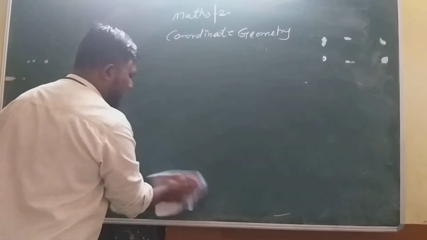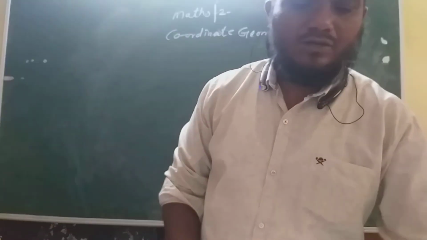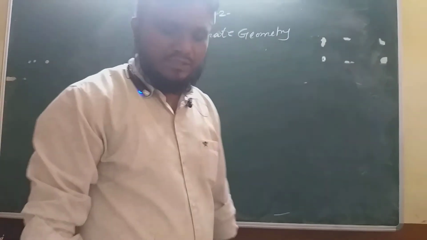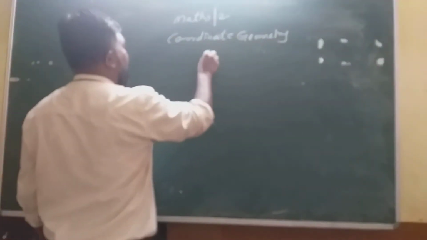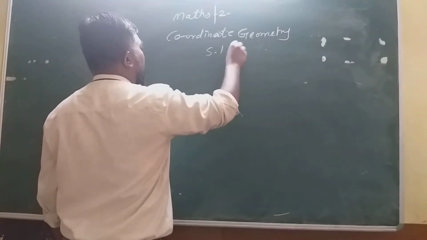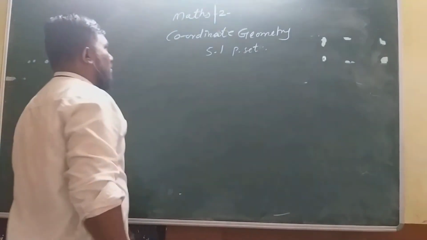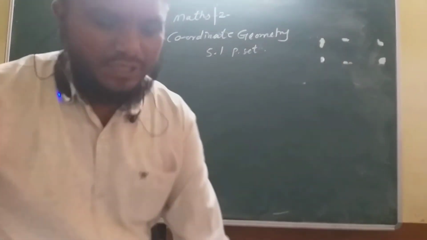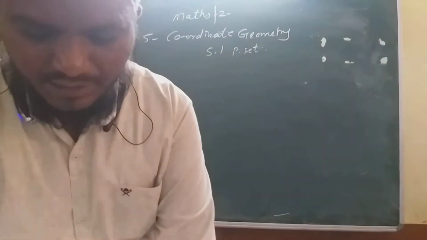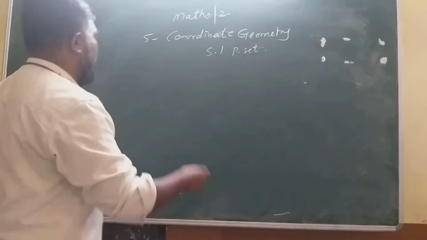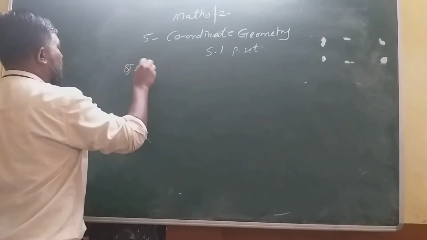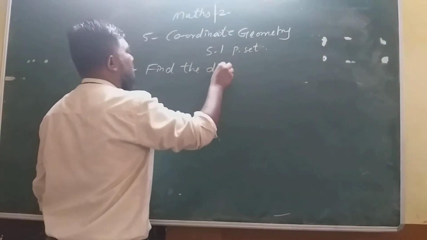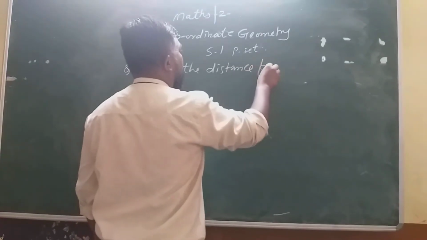Now, one formula is given because 2 points are given and 2 coordinates are given. So, first question from the exercise, practice set 5.1. Now, fifth topic is this coordinate geometry. Now, the question is given like this: find the distance between each of the following pair of points.